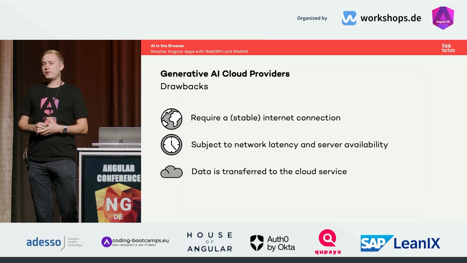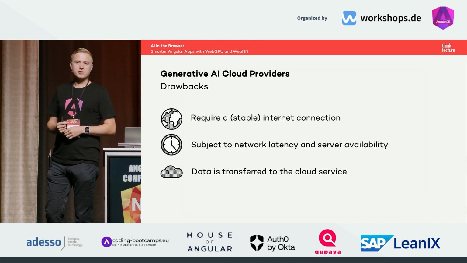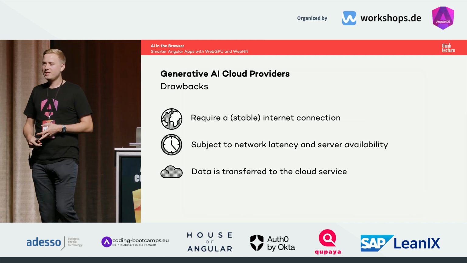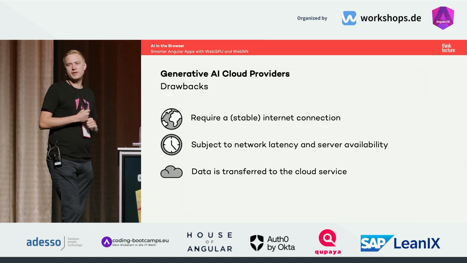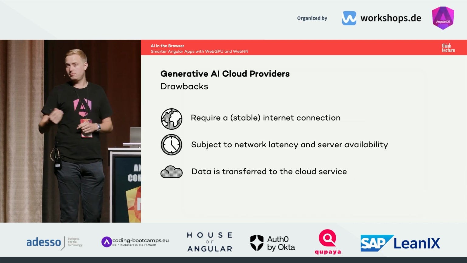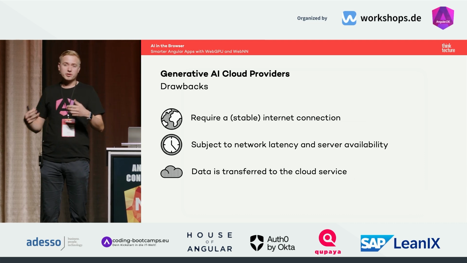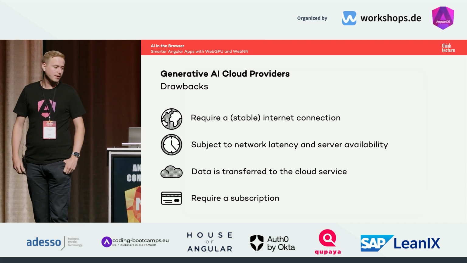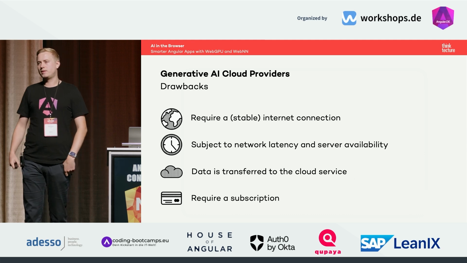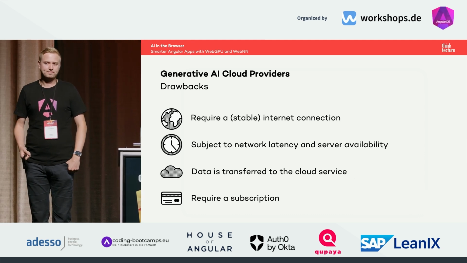And then you transfer that data to a cloud service. So it may be fine for your car, but it may be not fine for your, let's say, medical status, right? Or other personally identifiable information. And typically it requires a subscription, so you have to pay for that.